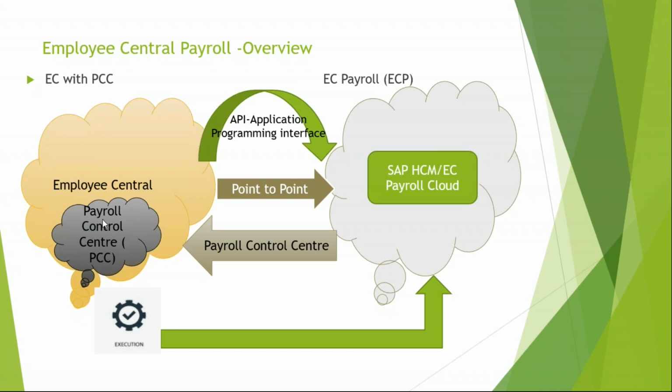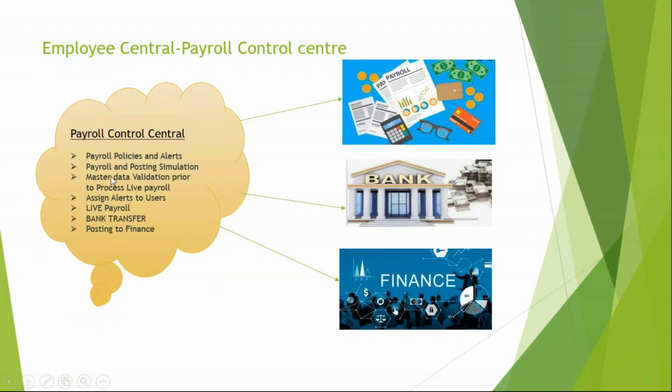What is the benefit of executing payroll in the payroll control center in EC? The benefit is that before executing a payroll, the users do a lot of manual reconciliations. They do address validations, bank validations, all the payroll related queries, validations, results, everything.